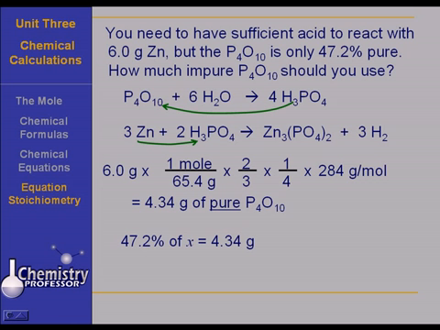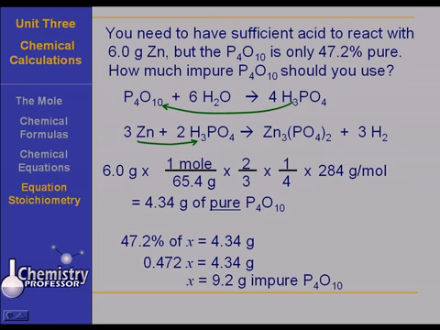Do you recall from your math that when you say such and such a percent of something, that means multiply? So the expression then is 0.472x equals 4.34 grams. Solving then, we find that X is 9.2 grams of our impure P4O10.